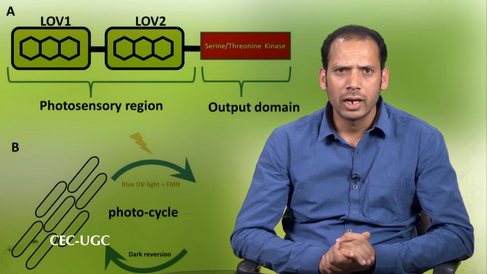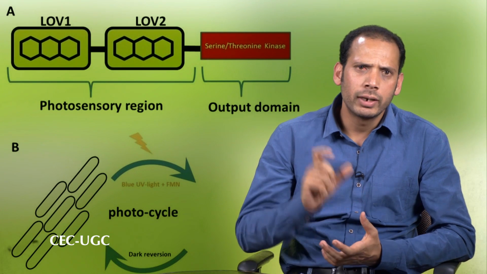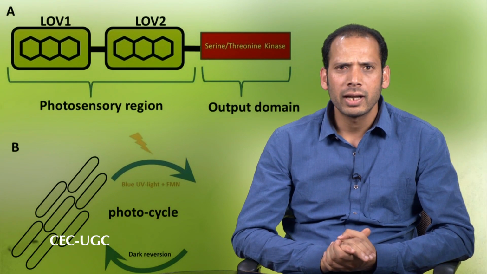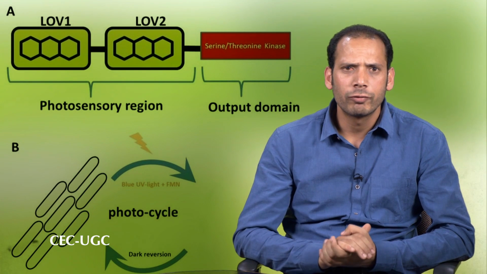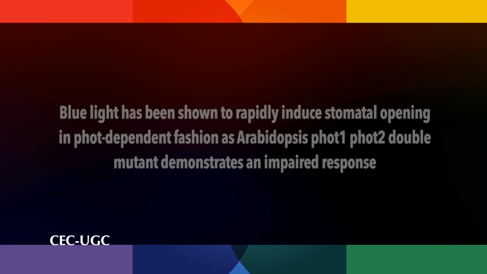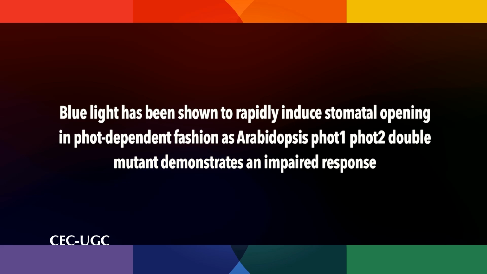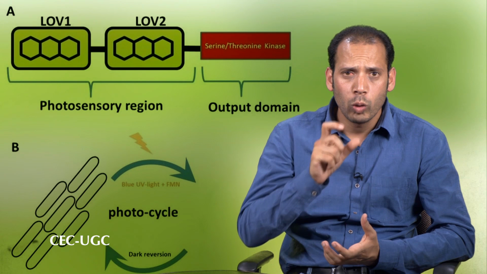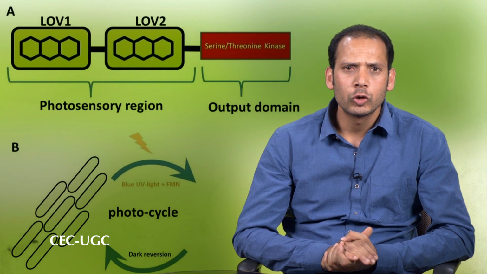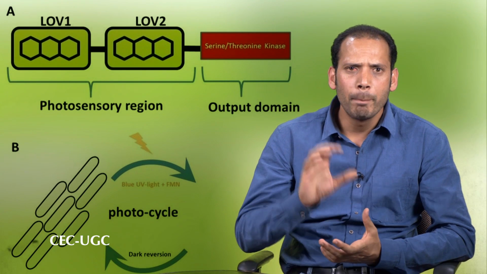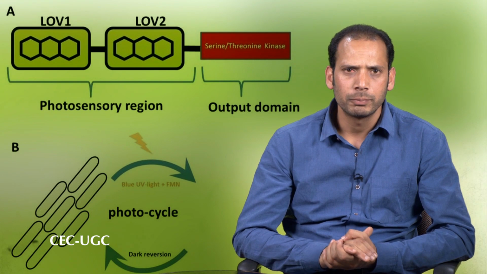The data suggests that phototropin mediated stomatal opening occurs at higher light intensities than those required for cryptochrome activity. Blue light has been shown to rapidly induce stomatal opening in a phototropin dependent fashion, as the Arabidopsis Phot1 and Phot2 double mutant demonstrates an impaired response, while blue light specific stomatal opening was restored completely by the wild type construct.